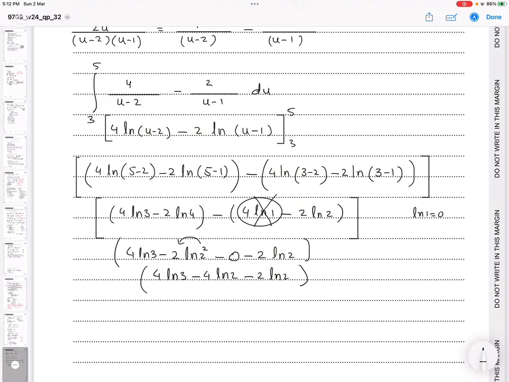So ln 3 power 4, this 4 becomes a power of 3, minus 4 ln 2 minus 2 ln 2, this is actually 2 ln 2.